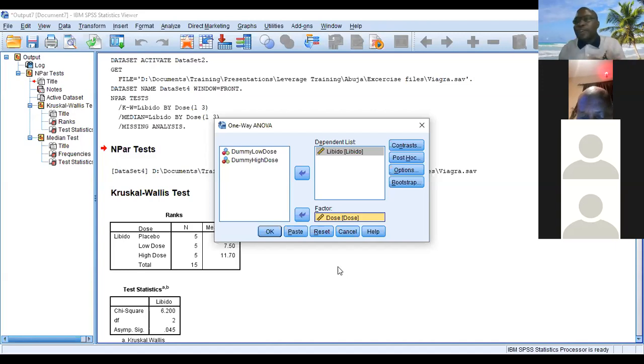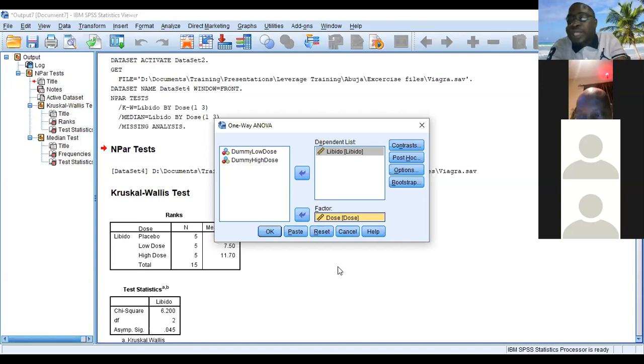It's not inappropriate, but it's not powerful. It's appropriate because they say you can use it for 2 groups, 3 groups, 4 groups, and we are using it for 3 groups. But the sample size is very small. You cannot say it's not appropriate, but it's not powerful. It's appropriate because Kruskal-Wallis is significant.